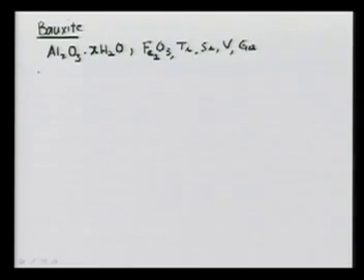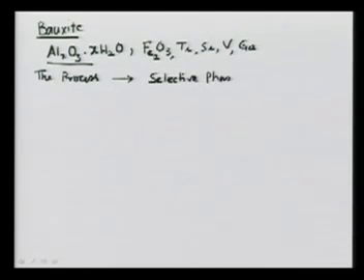The process through which we like to enrich the alumina out of the bauxite is something we can refer to as selective phase transfer. And we'll see how the selective phase transfer is done.